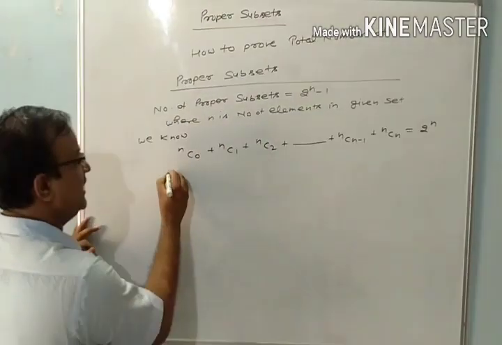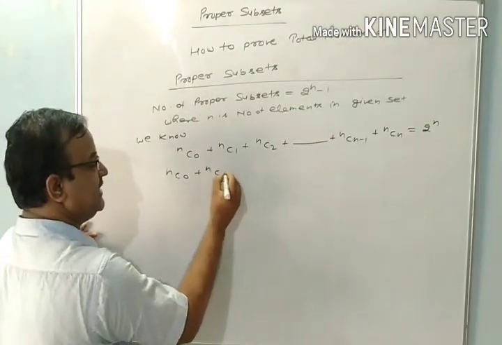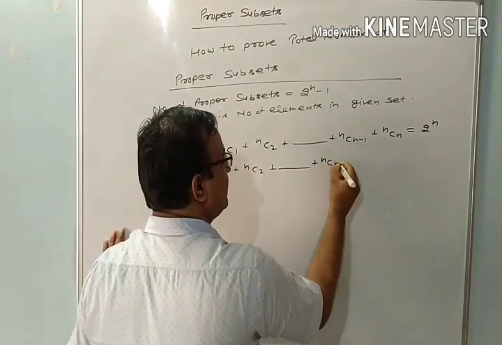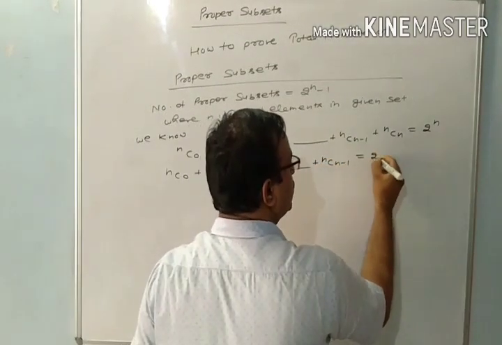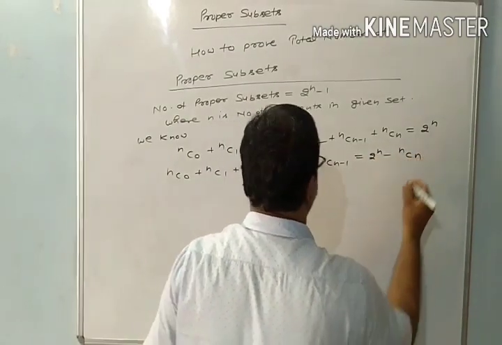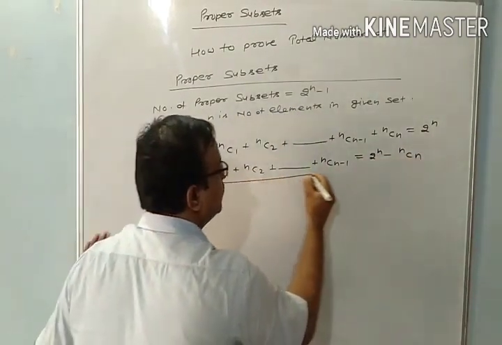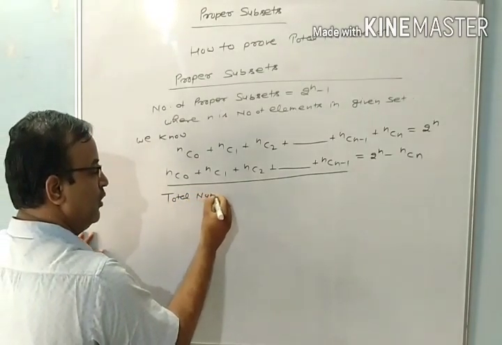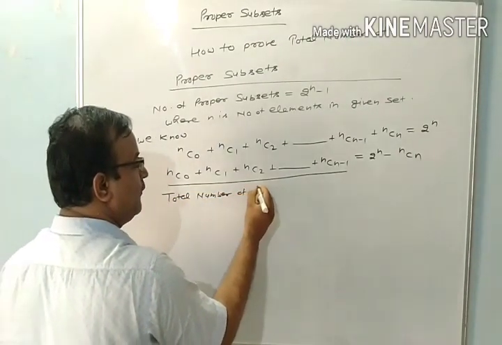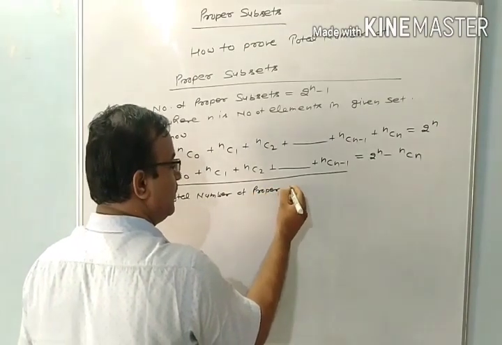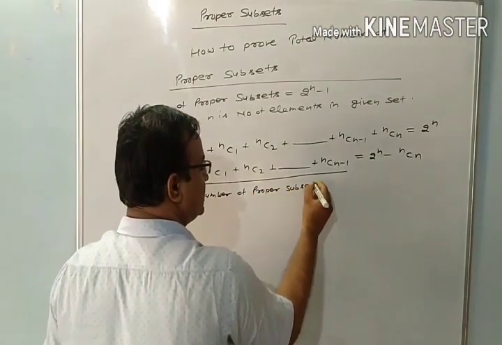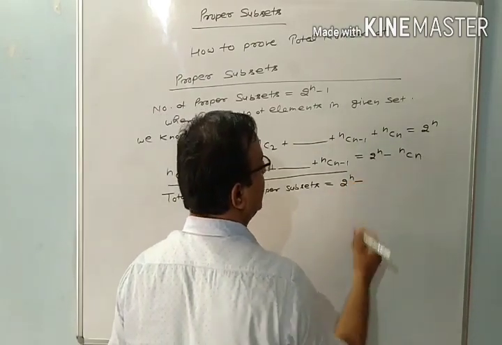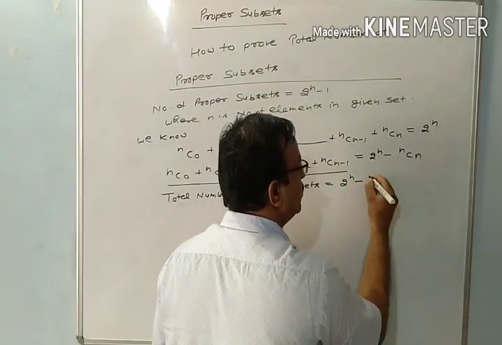We write nC0 plus nC1 plus nC2 plus ... plus nC(n minus 1) is equal to 2 to the power n minus nCn. This is equal to the total number of proper subsets, which is 2 to the power n minus nCn, equal to 2 to the power n minus 1.